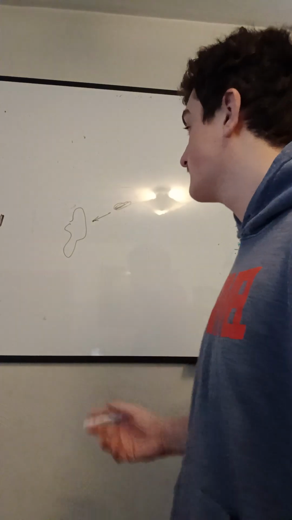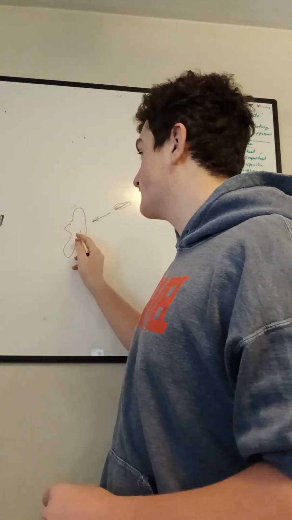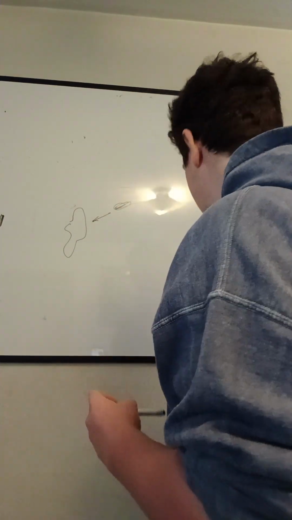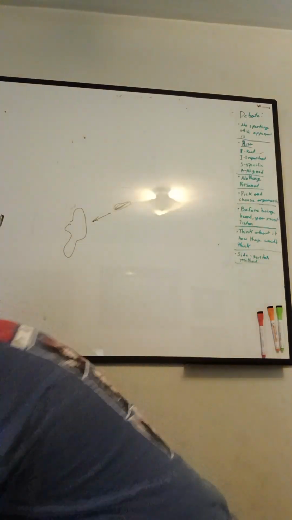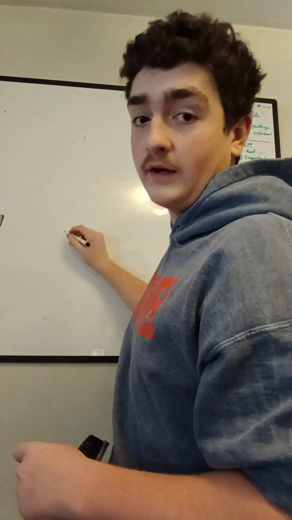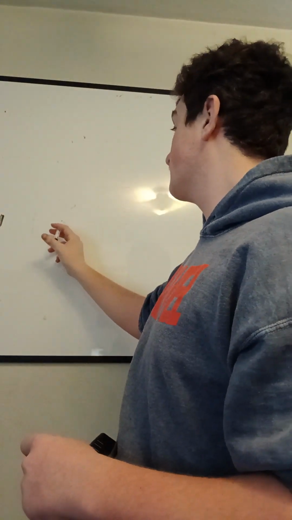Every gas cloud is, so it starts collapsing on itself. And what this will do is it'll cause this gas cloud to start forming, which will start making a disk, right?